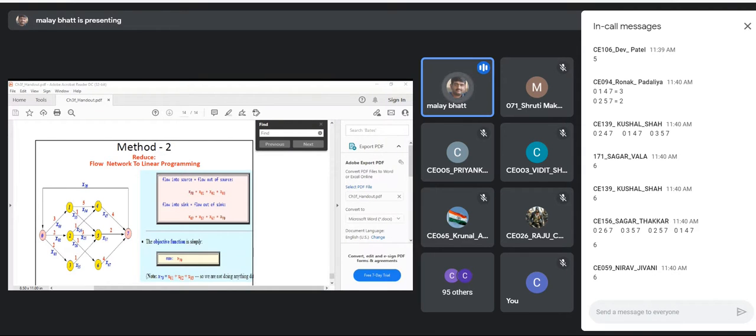Out of 6 lectures, 4 lectures will be new content and 2 lectures will be repeated content, because you were already introduced to NP hard and NP complete in the previous semester. It will be in between, not exactly 2 lectures, but you will find some repetition during the lectures.